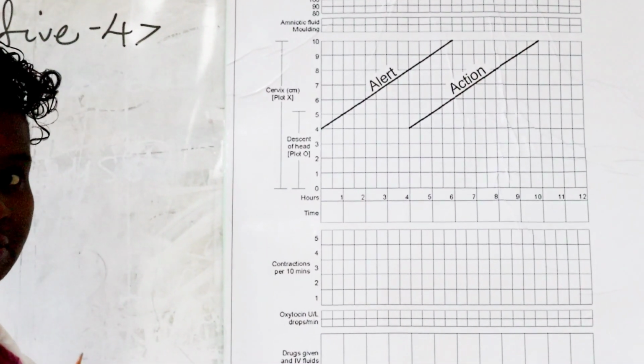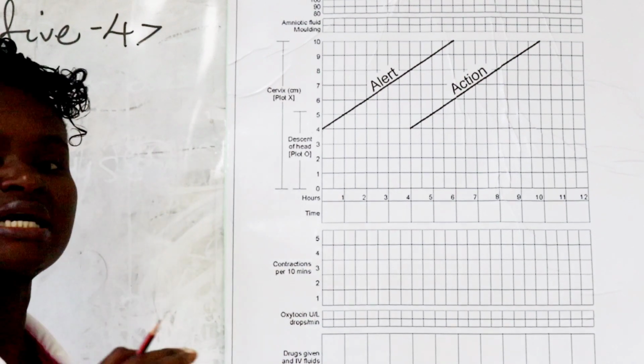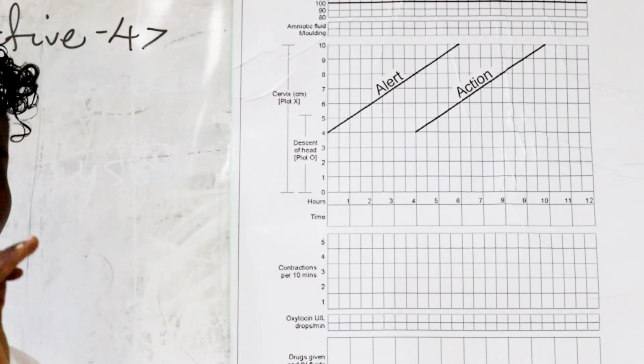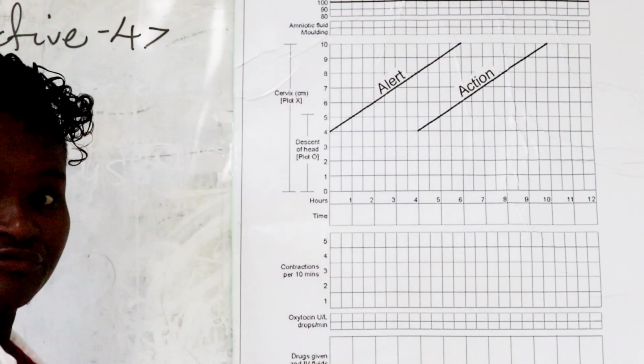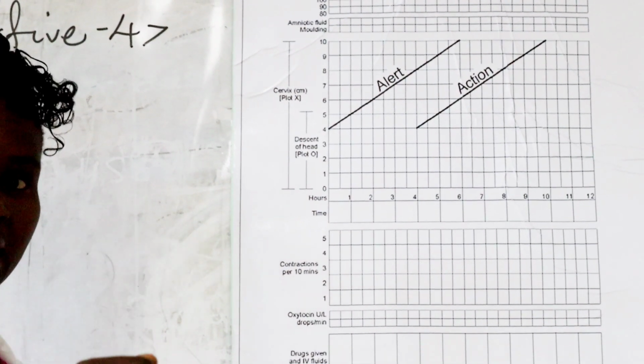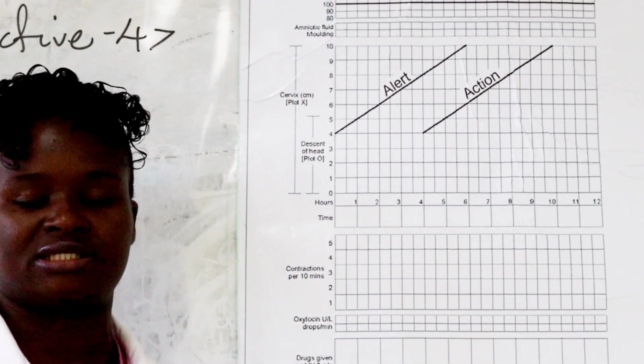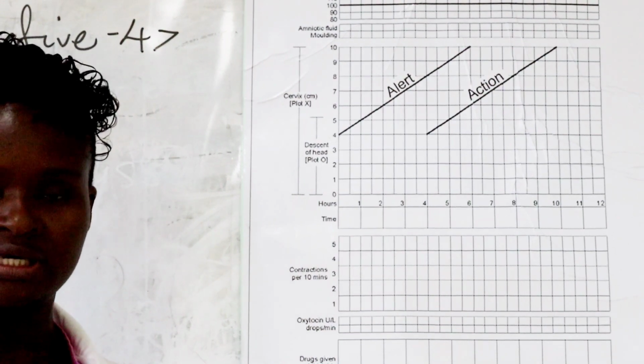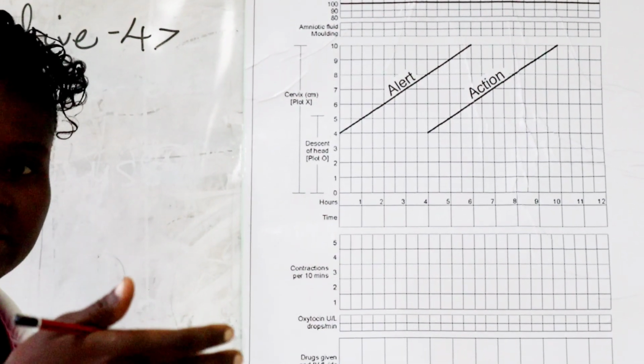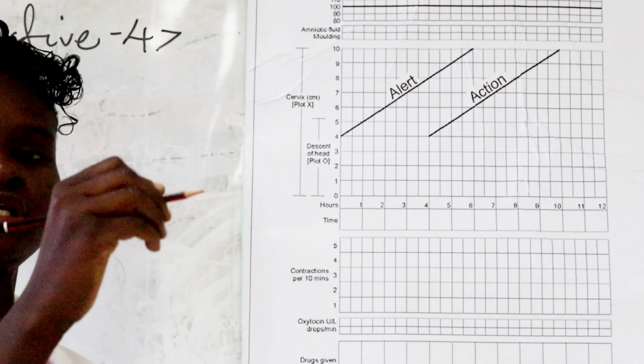As we proceed, I'm going to show you how to start off a partogram. For today, we are going to chart on the very first line. But as we come back, we are going to realize that where we put our time is guided by where the cervical dilatation is.